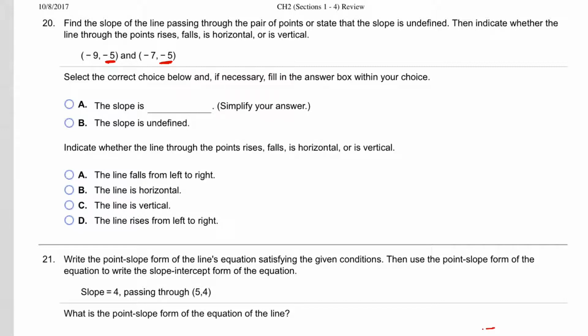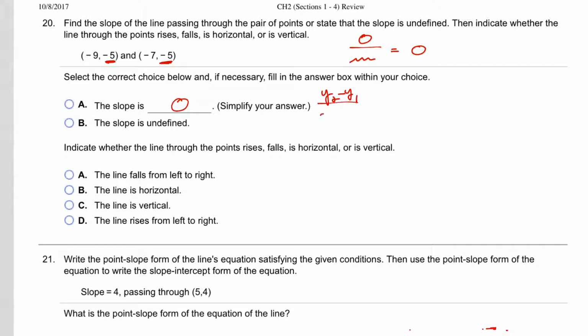So basically, if we have a 0 on top, it doesn't matter what's on the bottom, this is going to be 0. Okay? Now to prove that to you, we can go ahead and put it in the formula.